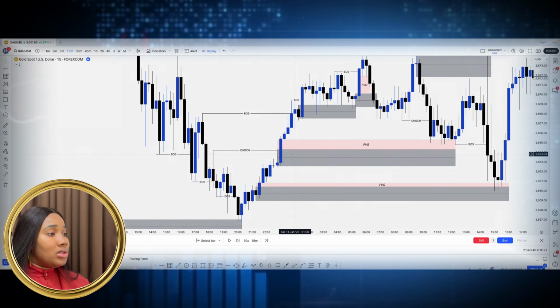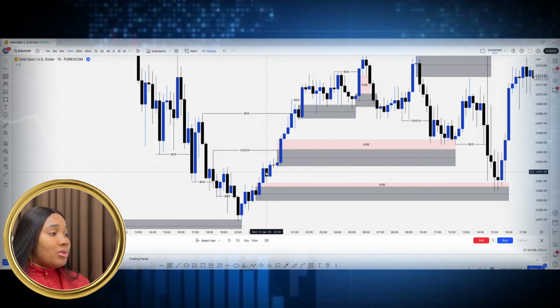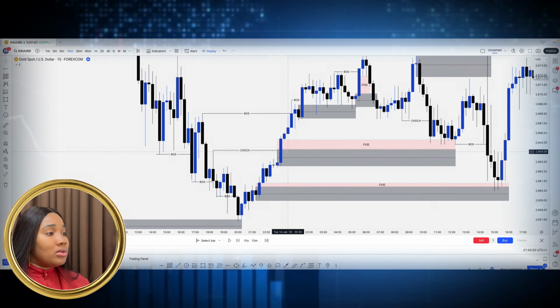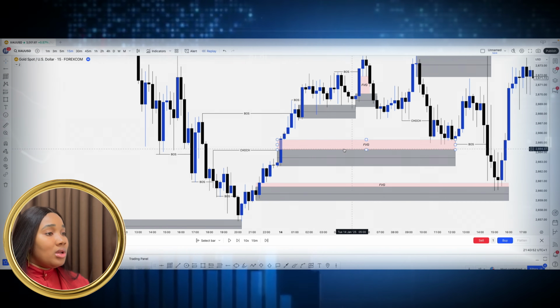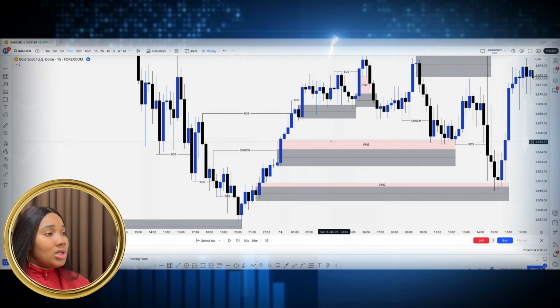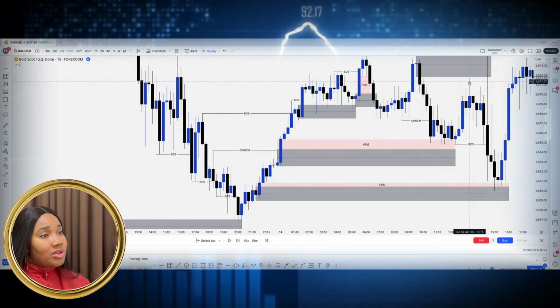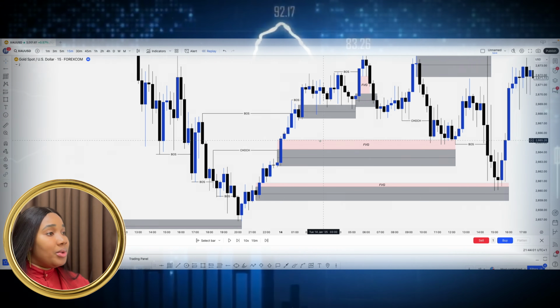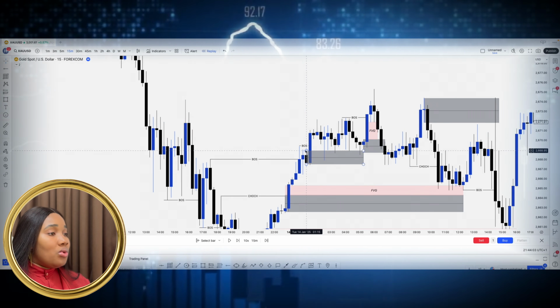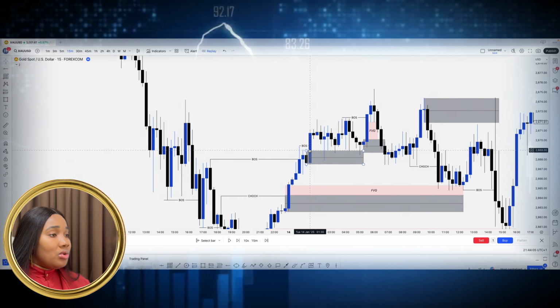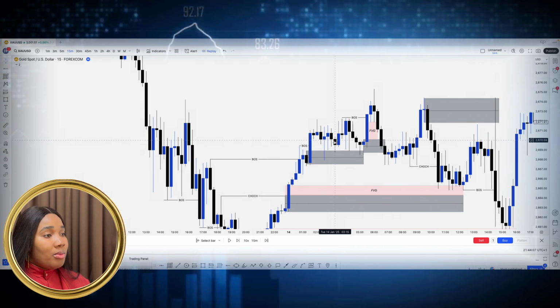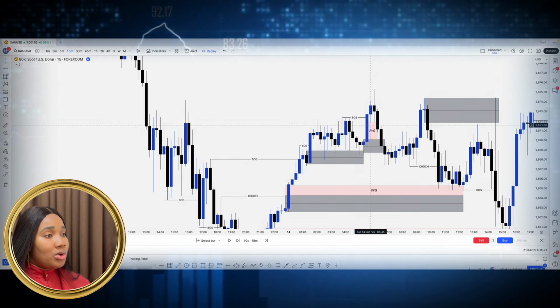So let's continue. As price was also pushing up, I also mapped out this particular OB and this FVG, and you can see when price tapped in, it reacted off FVG, but this is a break-even trade because price did not give us full TP. So here we have a break of structure, the order block, price tapped into the order block.